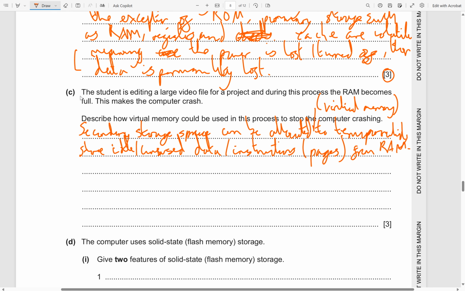Let's say this is called paging out. I think we probably don't really need to say paging out, however, just to signify to the examiner that this is actually what's happening, where we're taking pages from RAM and temporarily putting them on the virtual memory, or in secondary storage.